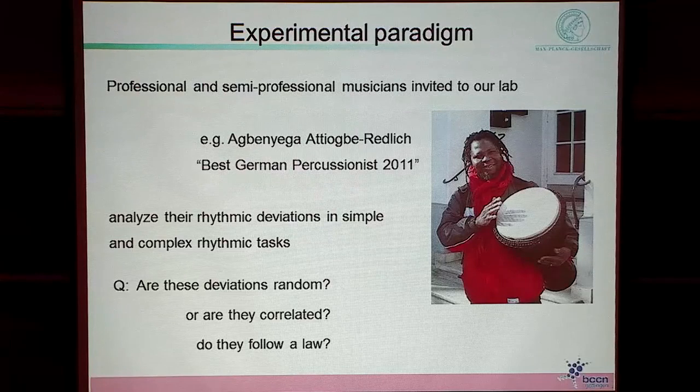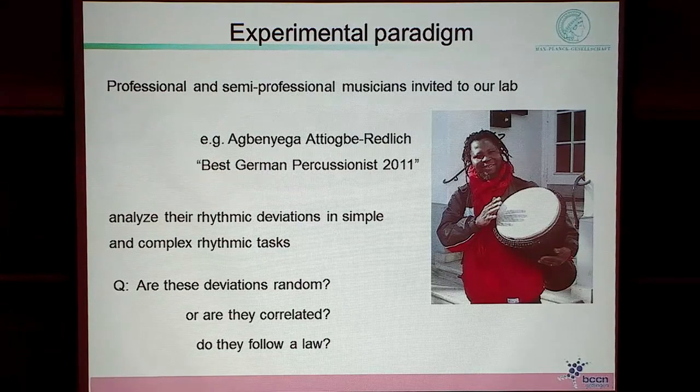And we analyzed the rhythmic deviations in simple and complex rhythmic tasks. And then we asked the questions: are these deviations random? Are they correlated? I will explain what that is. And do they follow a law? And can we determine this law? Can you actually understand me, or do I need a microphone? In the back also?